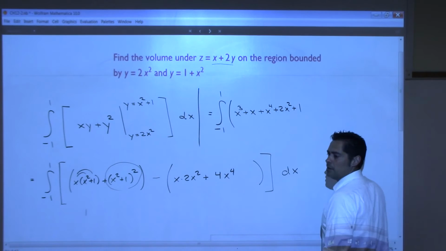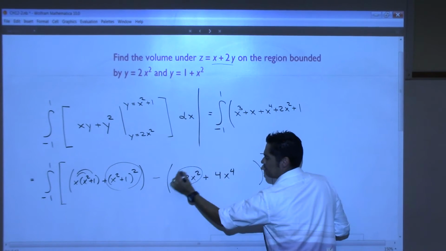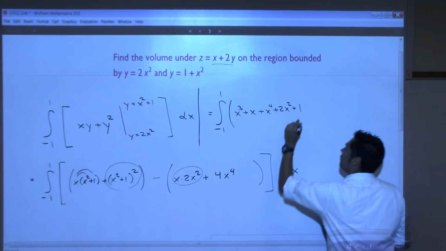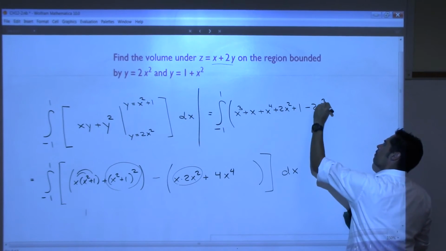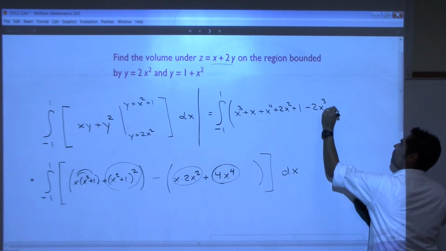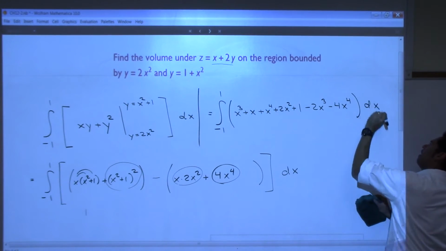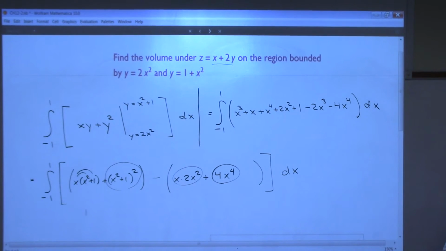Plus 1. That's squaring that. This right here is 2x cubed, but I'm subtracting it. And this is 4x to the 4th, but I'm subtracting it. Do we have any like terms? We do have some, right?